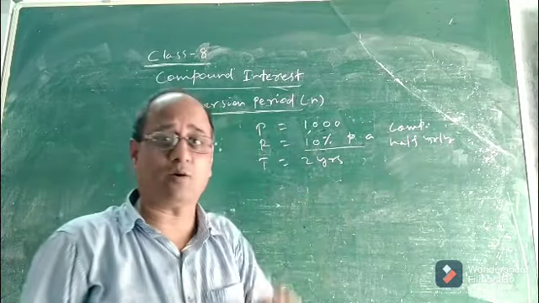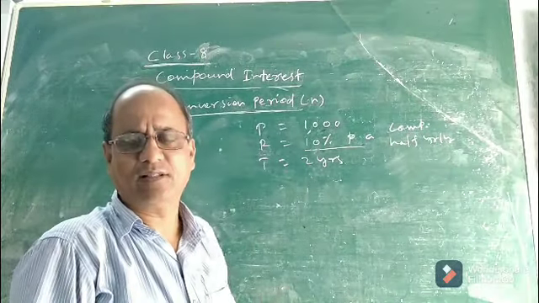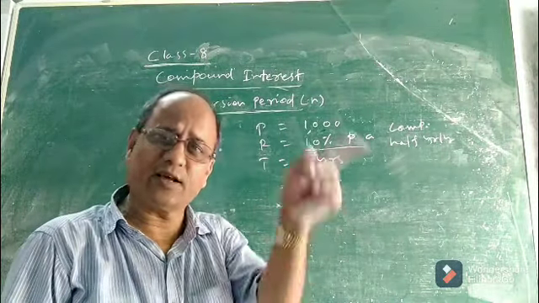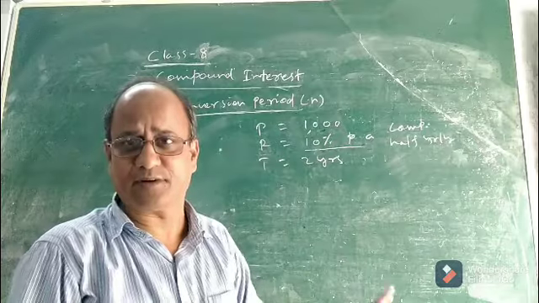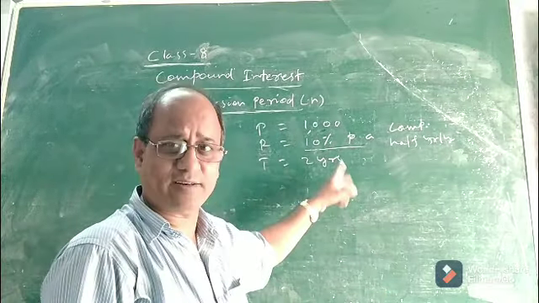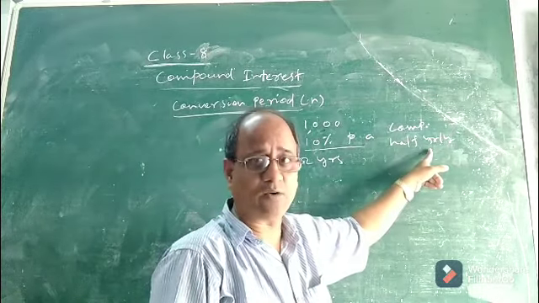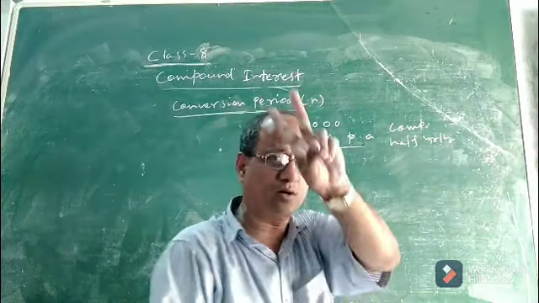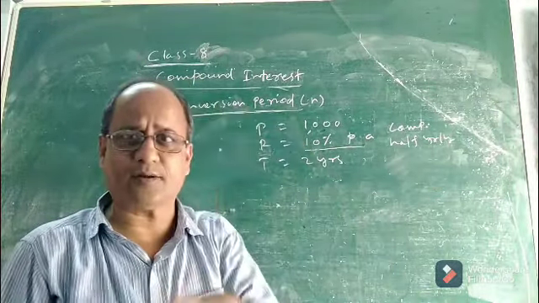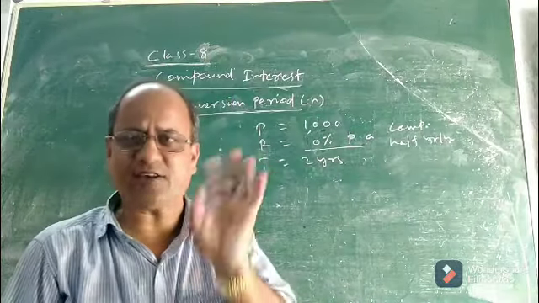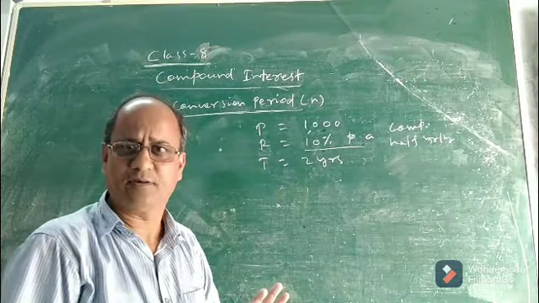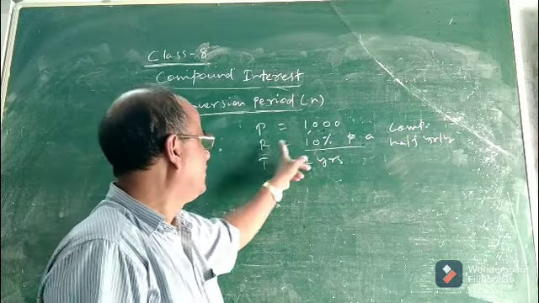What does it mean? That means every 6 months there will be a calculation of interest. The bank will pay interest every 6 months. Not annually. Annually means once in a year. Half yearly means 2 times in a year. Means every 6 months the bank will give interest or charge interest, whatever the case may be.